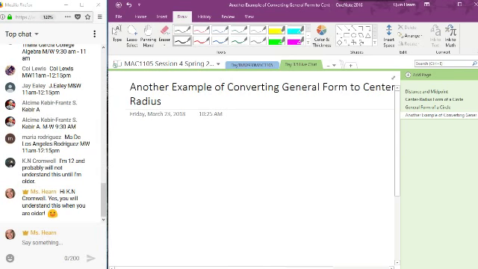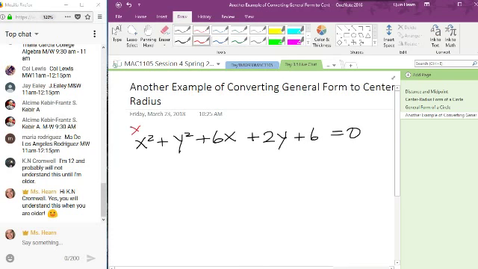So let's start with the equation x squared plus y squared plus 6x plus 2y plus 6 equals 0. We can see that this is the general form of the equation of a circle: x squared plus y squared plus dx plus ey plus f equals 0.